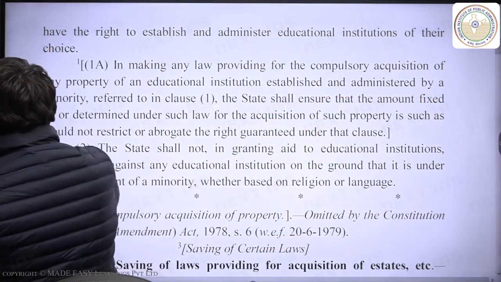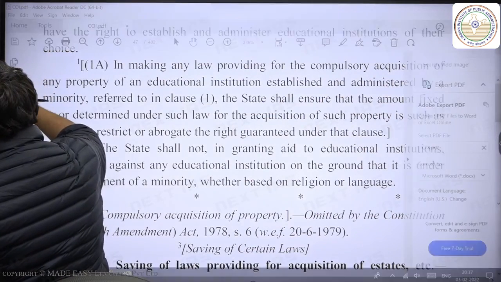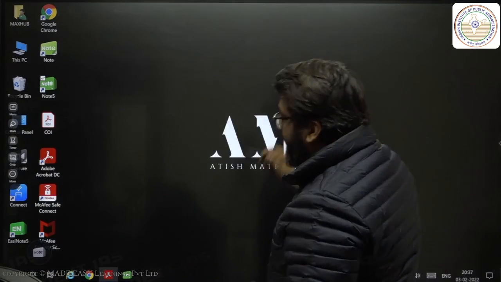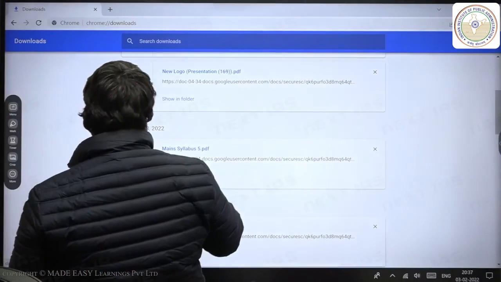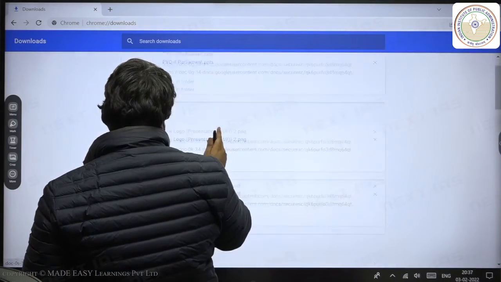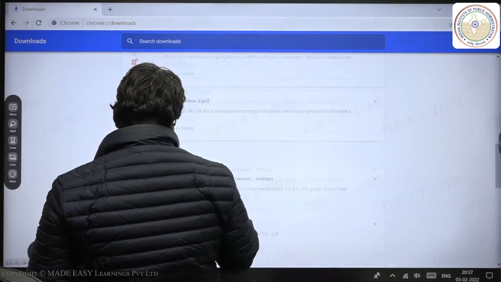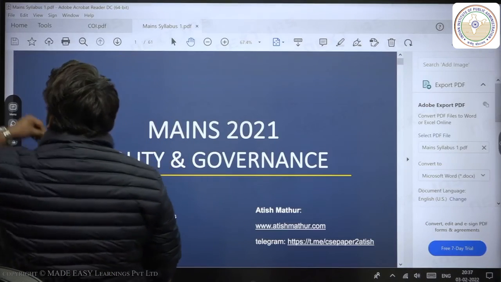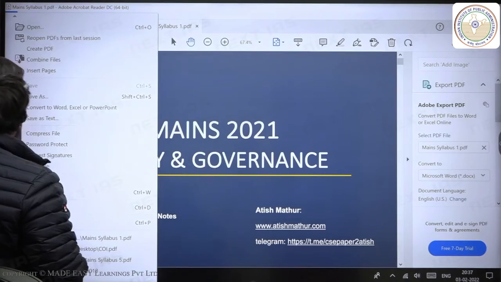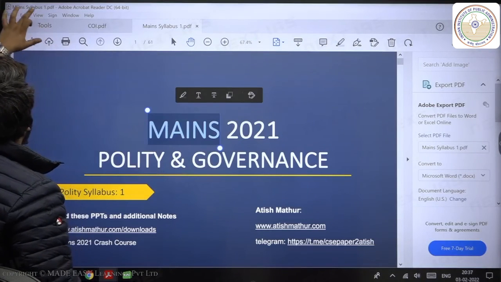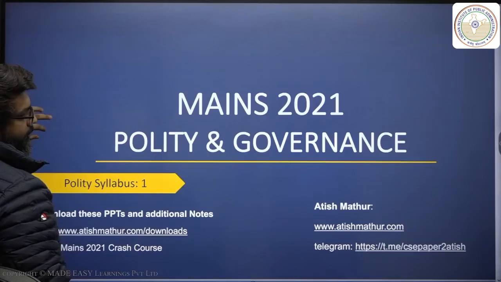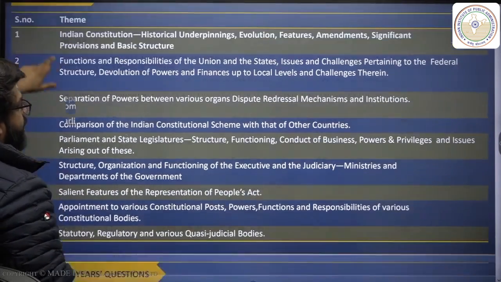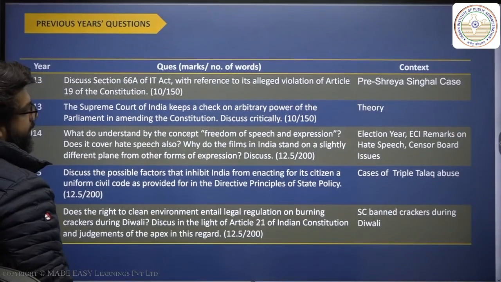Now, when you see the files that I have, the notes that I have given for you, see the kind of questions that have been asked. Basic structure is a part of your syllabus. See the kind of questions.